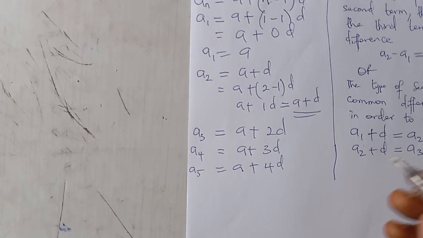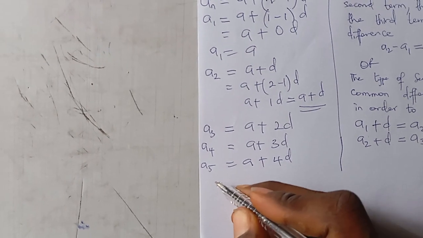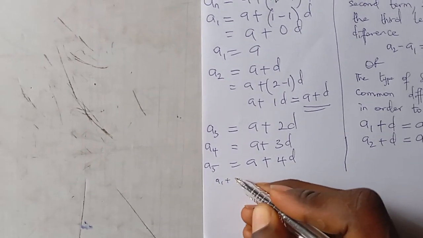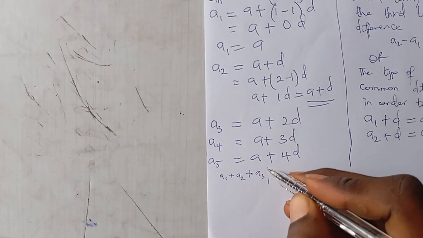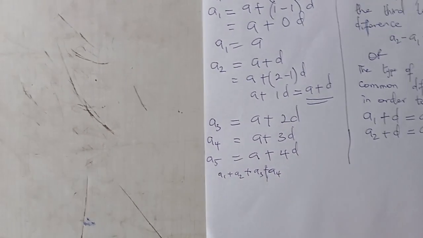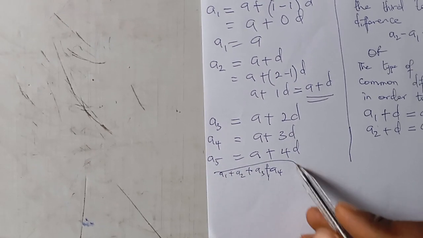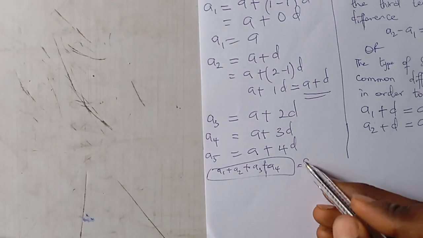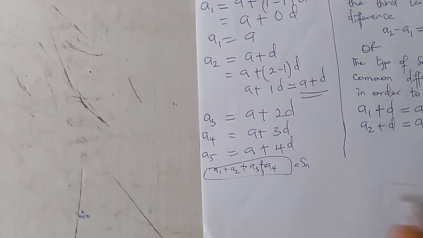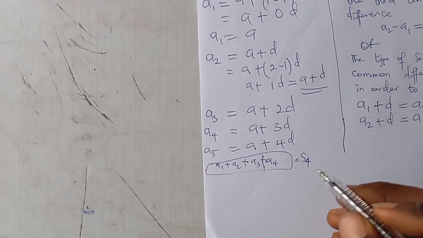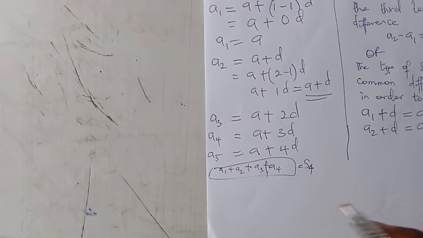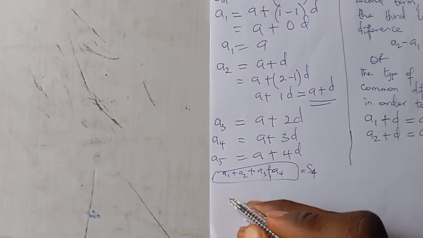Sum of the nth term is simply, if I have E1, E2, E3, E4, if they tell me find the sum of the first 4 terms, by the time I sum this up, it should give me the Sn, the sum of the first 4 terms.